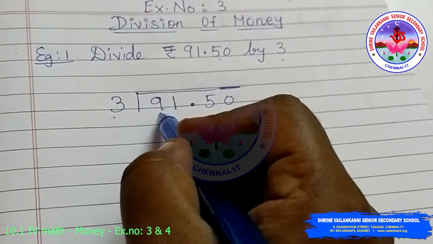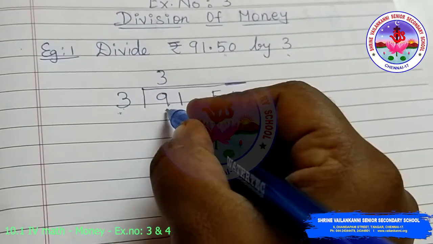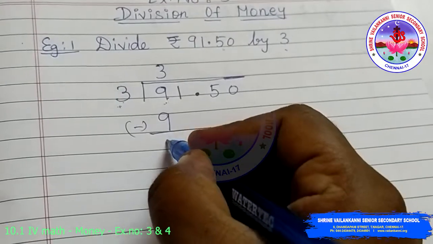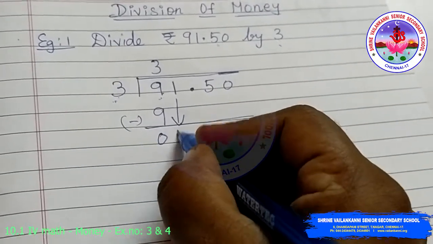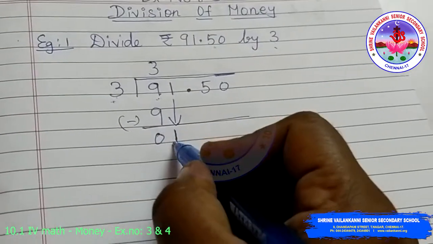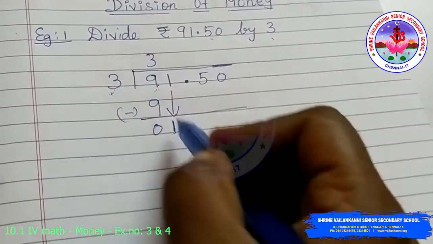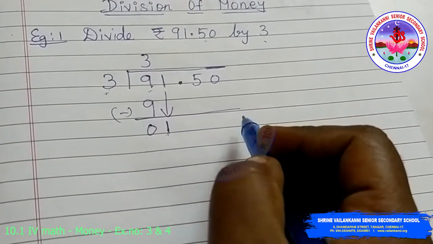How many times will 9 come in the 3 table? 3 threes are 9, subtract, 0. Bringing this 1 down. Here 1 is here and 3 is here. In the 3 table we will not get 1. So what can we do?